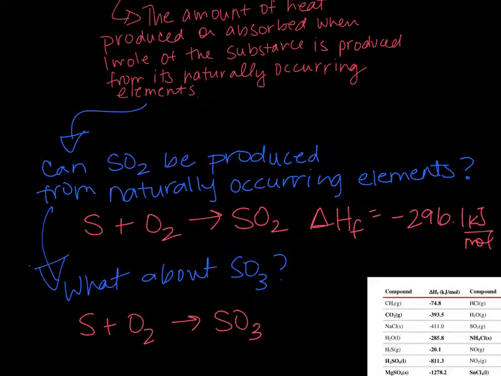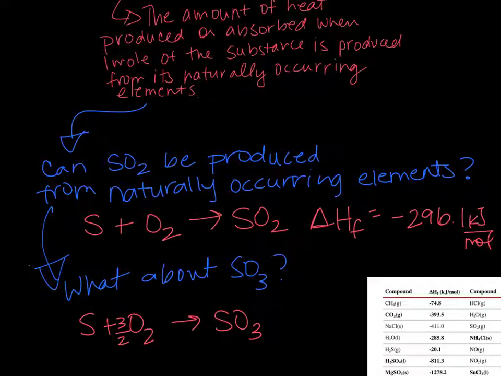The only difference is, since we can only make 1 mole of this, when we balance this reaction, we can't change this to 2. So we would use 3/2, and that's where those fractions come in when balancing equations. So 3/2 of an oxygen gives us 3 oxygen atoms. I'm not going to have you do that, but I do want you to realize what would be naturally occurring and what wouldn't be.